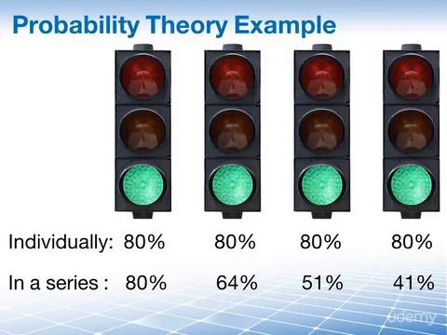The calculation is exactly the same one. It is 41%. And this is the probability theory, which is part of probability distribution. And the rule is: probability of events occurring in a sequence must be multiplied to calculate the probability of all events.